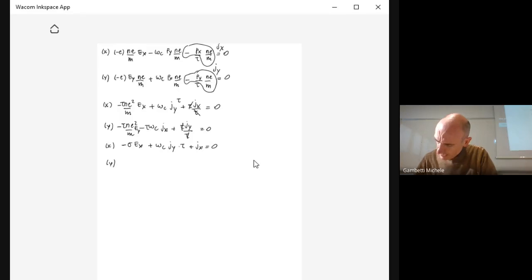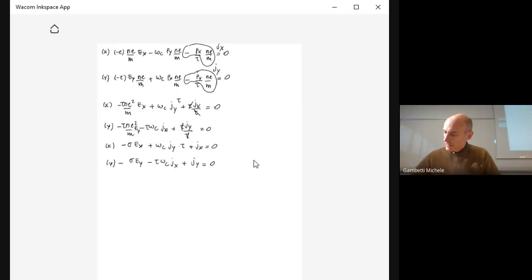And in the second equation, I have minus sigma Ey, then I have minus relaxation time omega c Jx plus Jy is equal to 0.